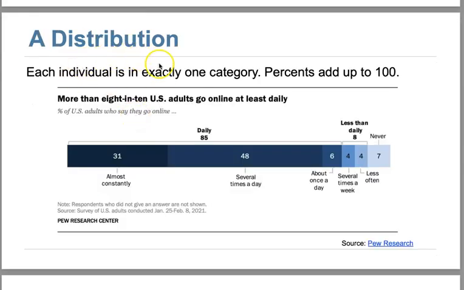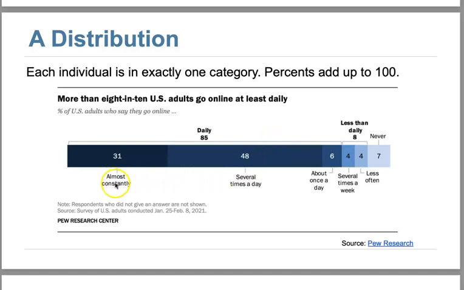More about distribution. Each individual has exactly one category for exactly one attribute. So all the values from that attribute will add up to 100 percent. For example, here is a survey. We asked US adults how often they are online.